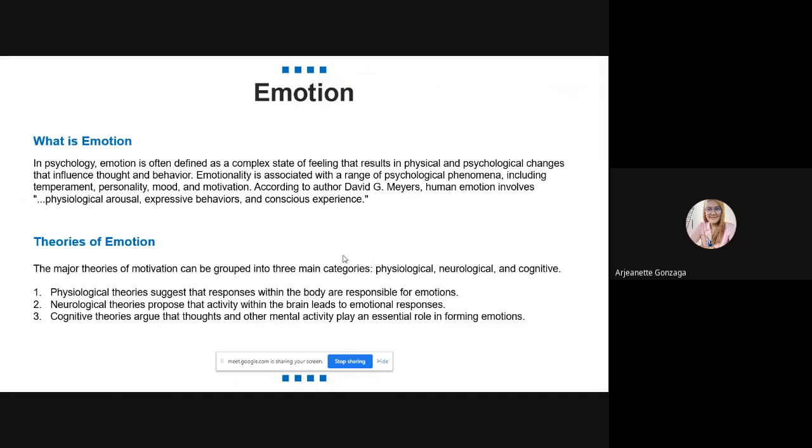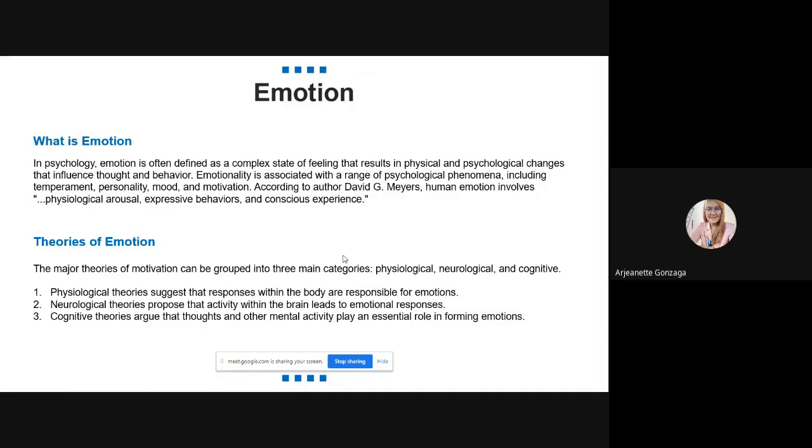So, in psychology, emotion is often defined as a complex state of feeling that results in physical and psychological changes that influence our behavior. So, emotion is associated with a range of psychological phenomena, including temperament, personality, mood, and motivation.